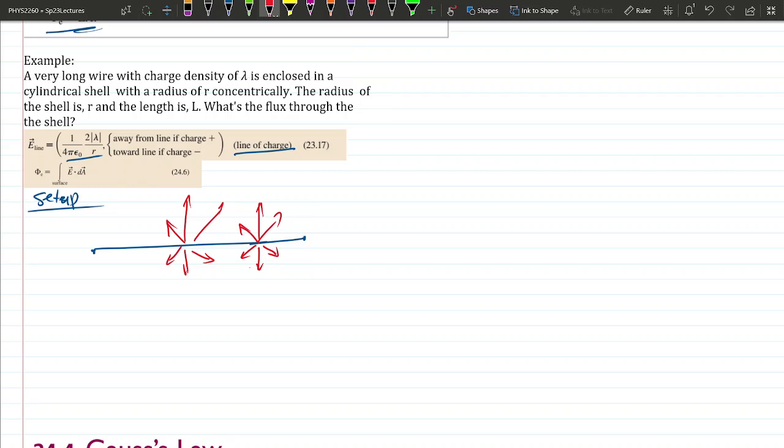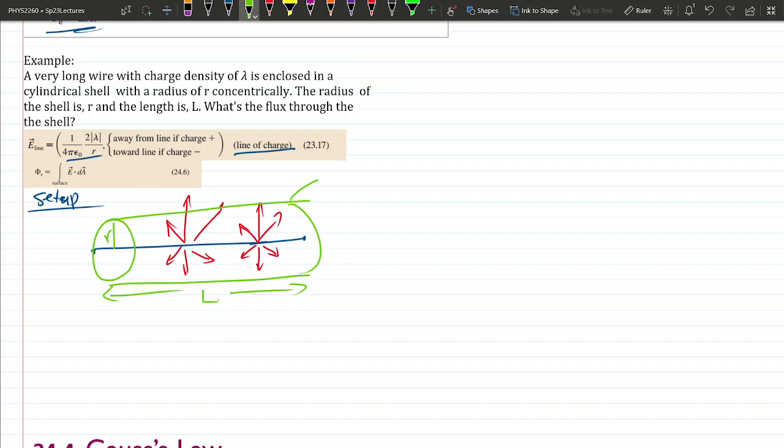Then around this line, we have a little surface around it, even though I drew it very badly. It's supposed to be concentrically around it. This is my little cylinder that has a radius r and a length of L.